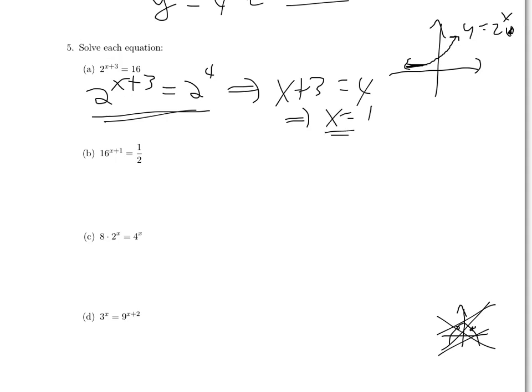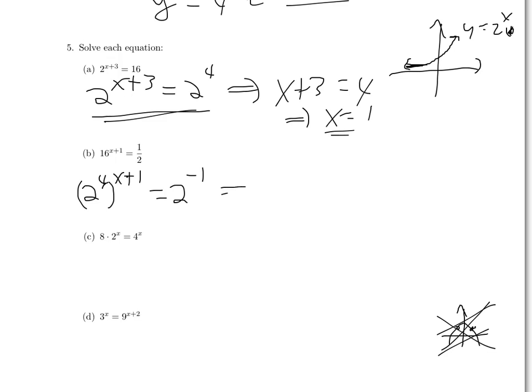So that's the idea. In each of these, again, let me show you how you can write these as powers with the same base. 16 is 2 to the fourth, right? We just said that. And so the left-hand side in part B is really 2 to the fourth to the x plus 1. And the right-hand side is a half, which we said on the other page was the same as 2 to the minus 1. And so there I have expressions on both sides that are exponentials of base 2.